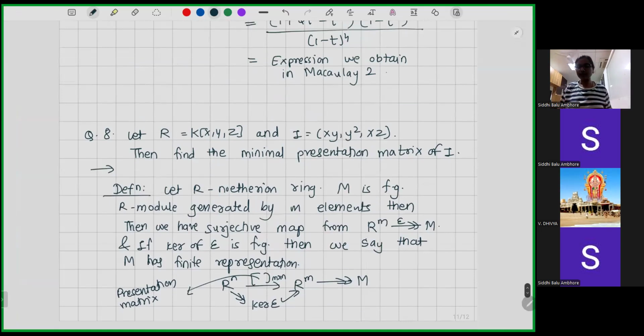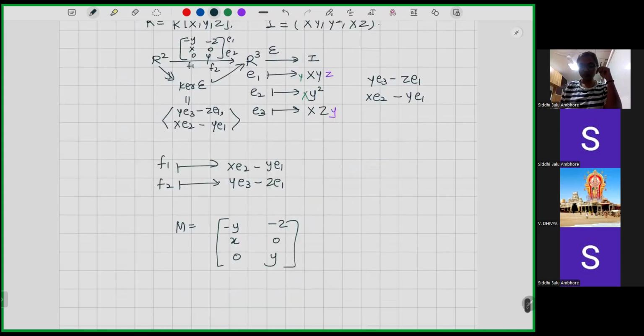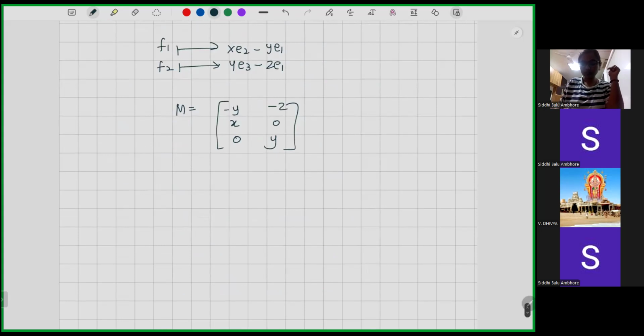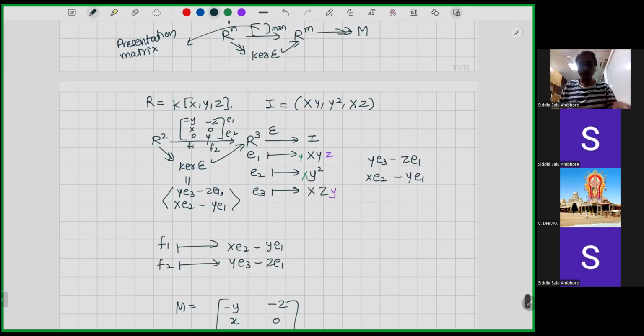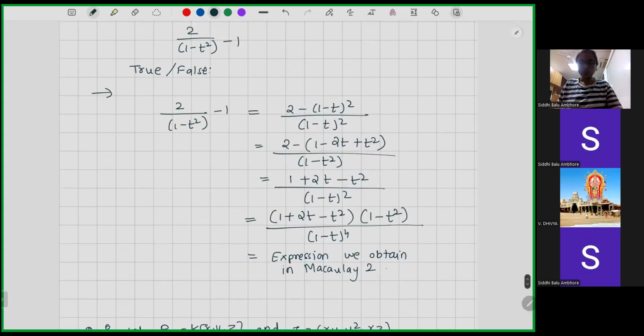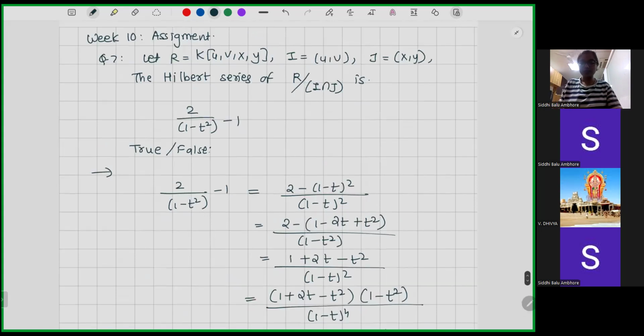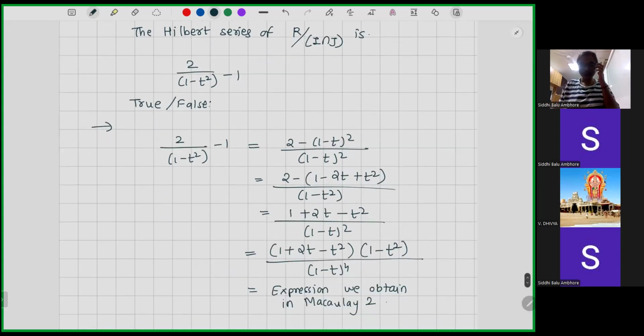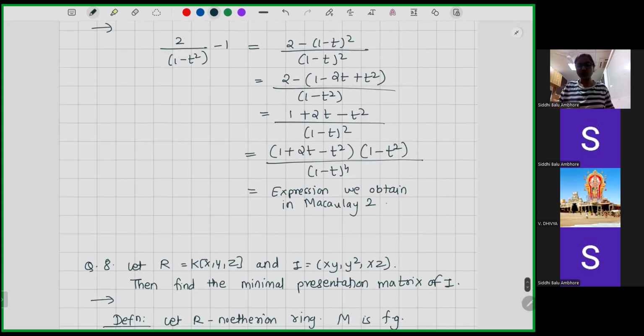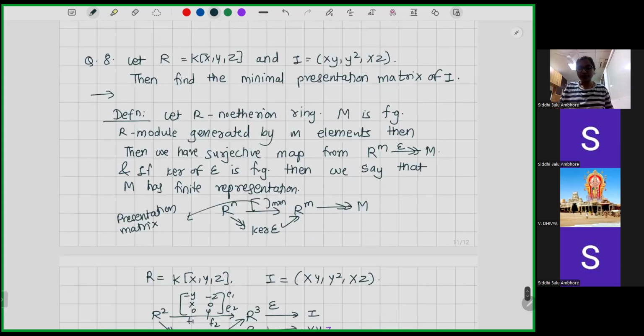How to find the minimal presentation matrix and so on? Okay, I think we are anyway about time now. But when you try to solve the questions, please check what it means here. This was quite an easy question.